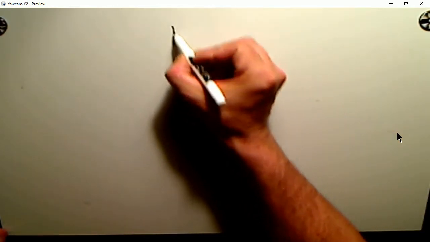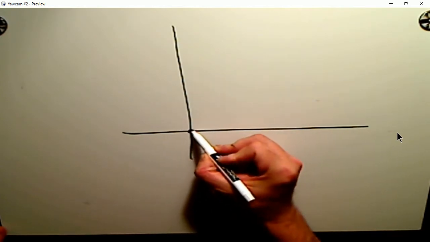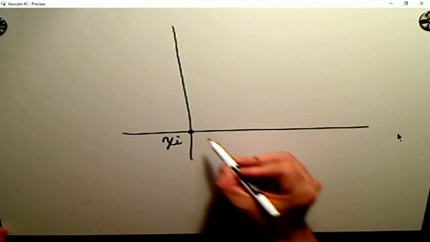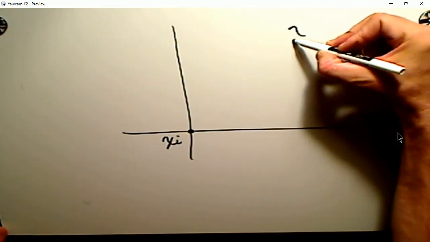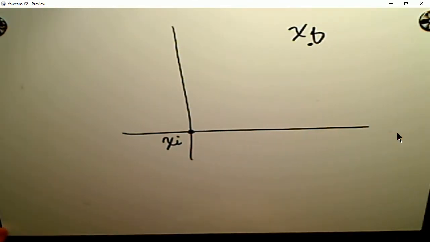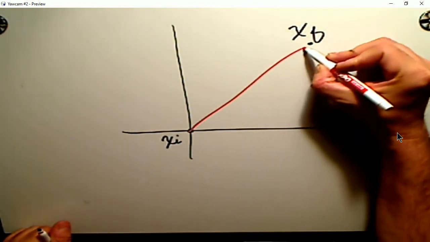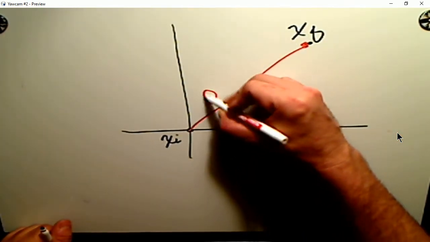If I'm starting at this point, that's my x initial. From here to here, let's say I end up here, that's my x final. This distance would be my displacement.